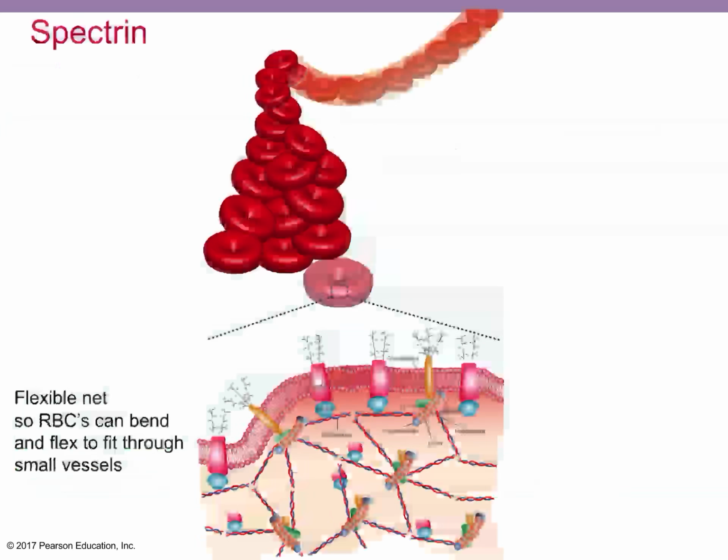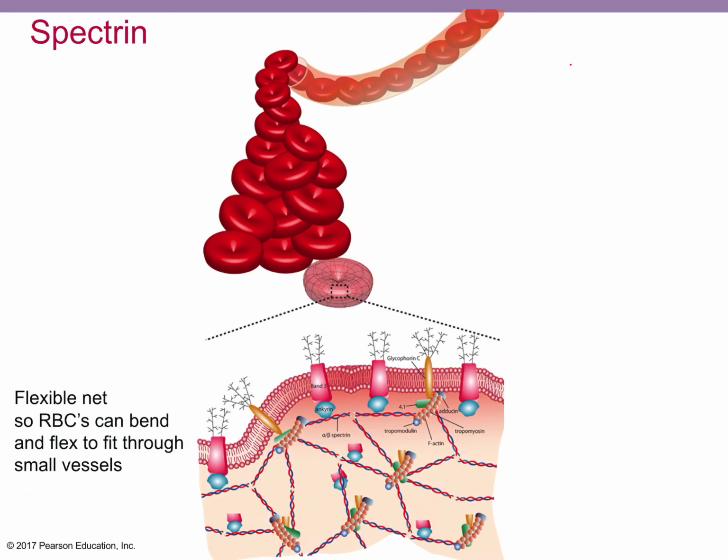So if we're looking at the shape of erythrocytes, these are biconcave, right? So they're dented in on both sides. So if we had one on its side, it would be dented in on both sides. So it's kind of like this shape. So it's biconcave.